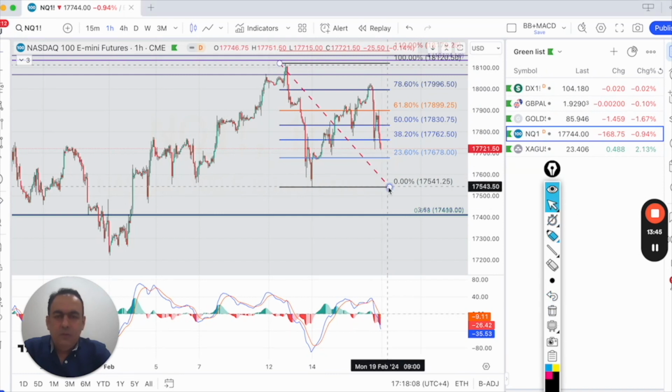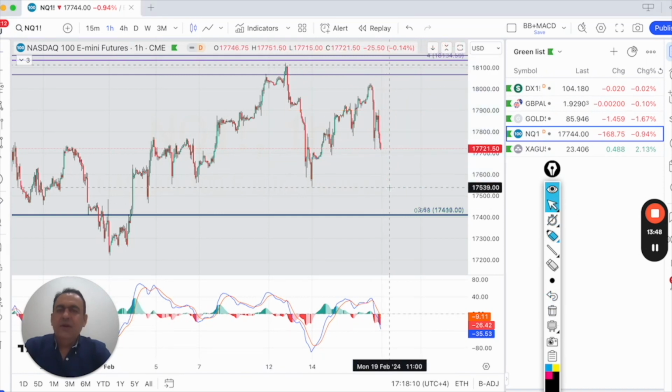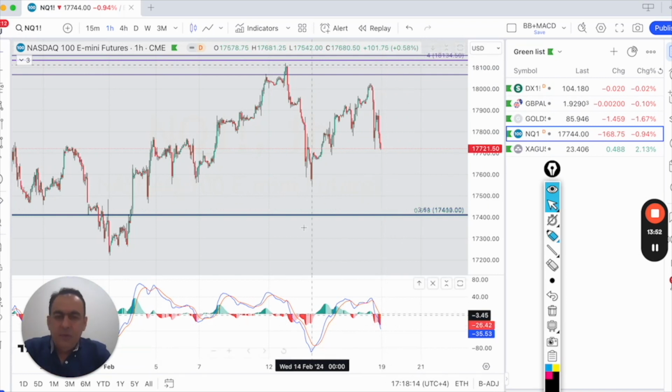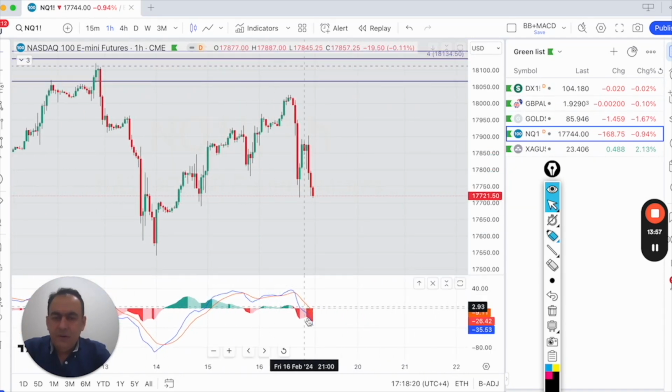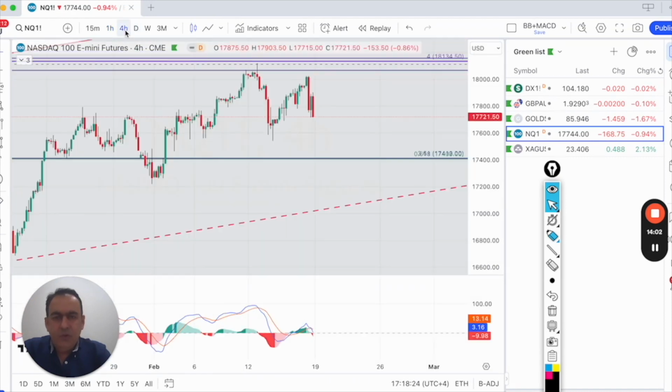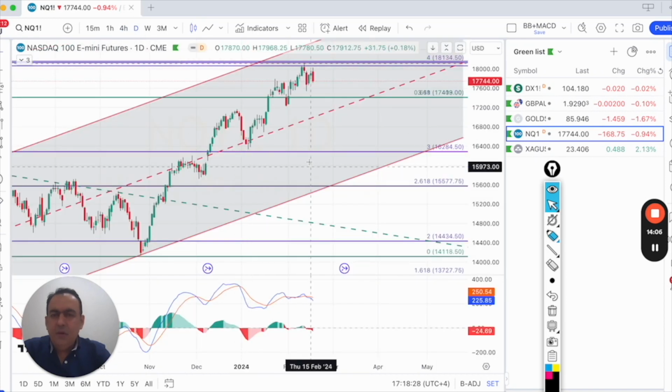NASDAQ looks quite bearish because we have synchronization of bearish divergence on multiple time frames. If you look at the price action, it's quite bearish. If you look at MACD, there are no signs of reversal here. MACD is clearly bearish on the 1-hourly chart, 4-hourly is definitely bearish, and daily is also looking bearish.